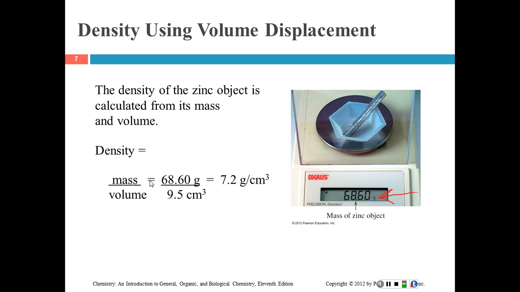And so now, since we know the mass and the volume, we put 68.6 grams divided by 9.5 cubic centimeters, and when we divide those, we get 7.2 grams per cubic centimeter. Two significant figures because that was the lowest amount and we were dividing.